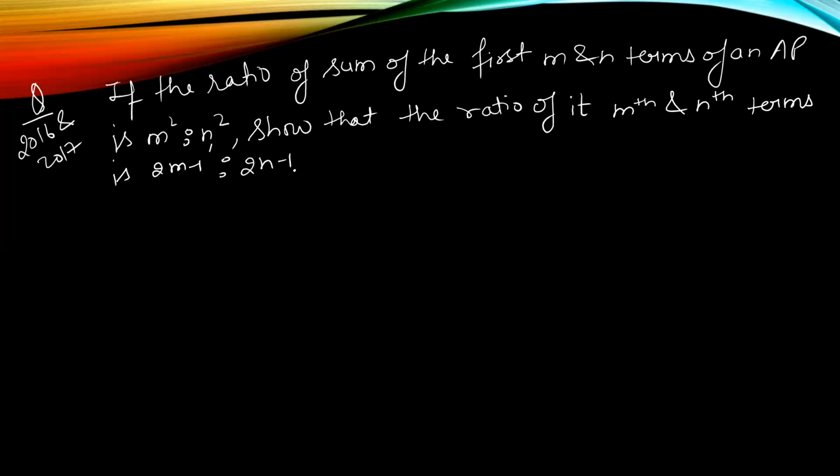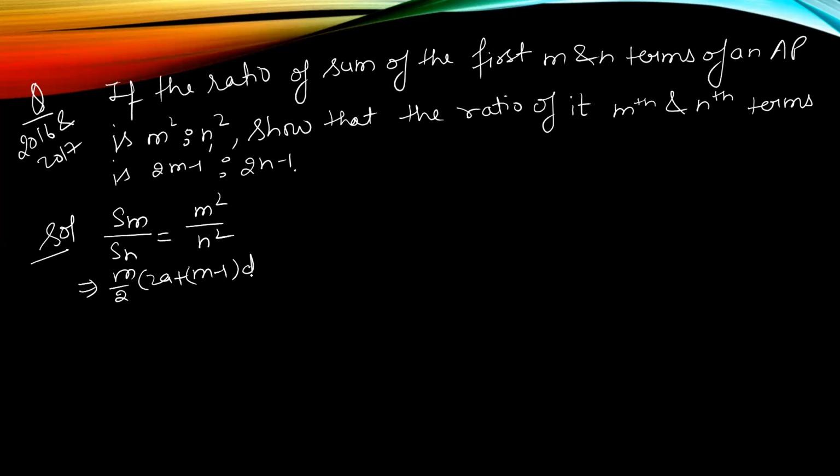Now how we are going to solve it? We have provided that sum of m terms over sum of n terms is equal to m square over n square, which implies m by 2 [2a plus (m minus 1)d] upon n by 2 [2a plus (n minus 1)d], and this is equal to m square by n square.